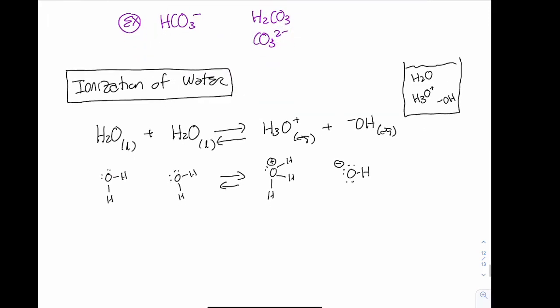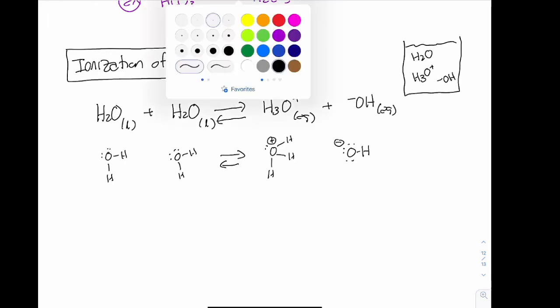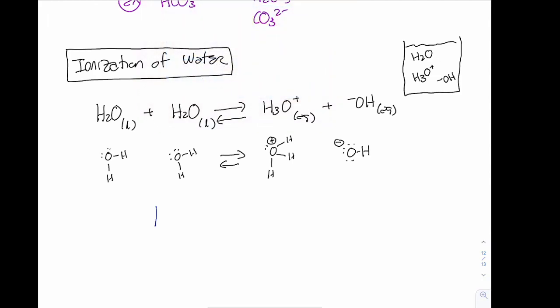Because it's at equilibrium, I can write an equilibrium constant expression for this one. So a K of the capital variety, right? Remember lowercase k's are rate constants. And that's going to be equal to the concentration of my products raised to a power equal to their coefficients, so 1 mole of each, and then over the concentration of reactants. However, both of my reactants are pure liquid, so they're not going to be part of my expression.